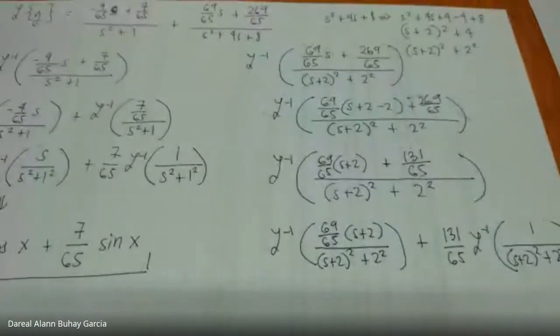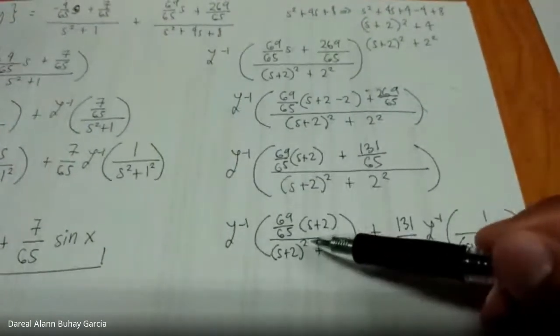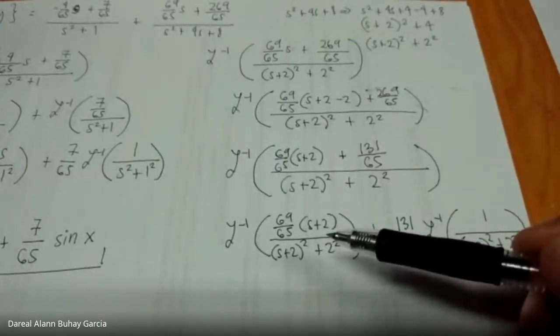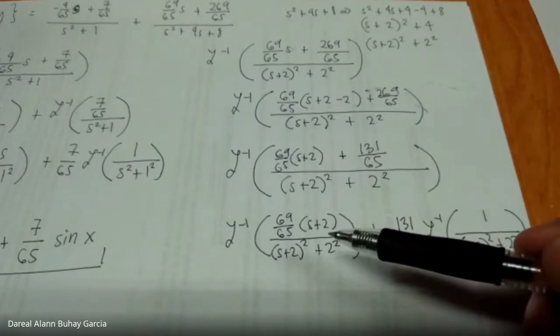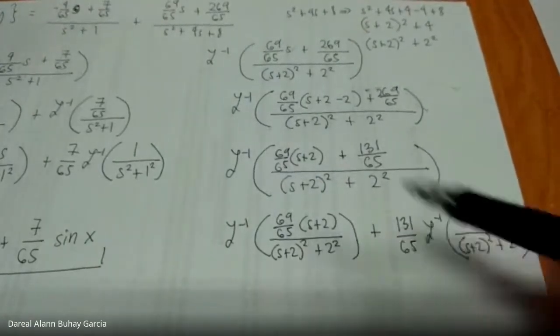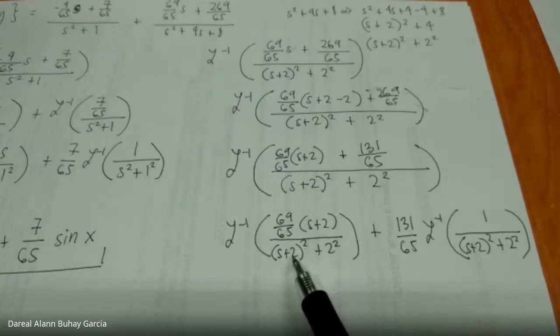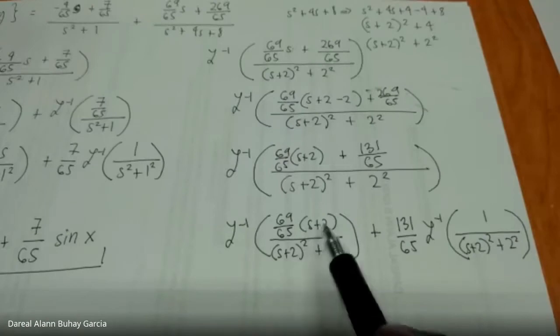So there's some magic here. Or technically magic, but it's the third shifting property, if I'm not mistaken. Second, I mean, property number 3, the second translation or shifting property. Take note, our S is in terms of S plus 2. So before we take the Laplace, we factor out S plus 2.